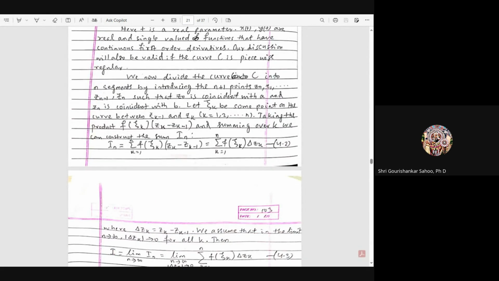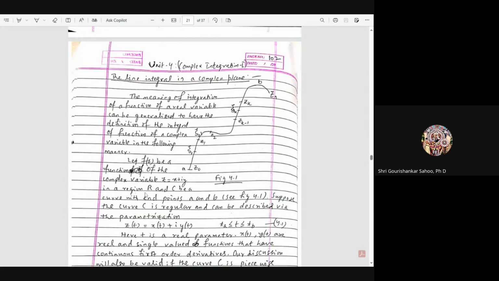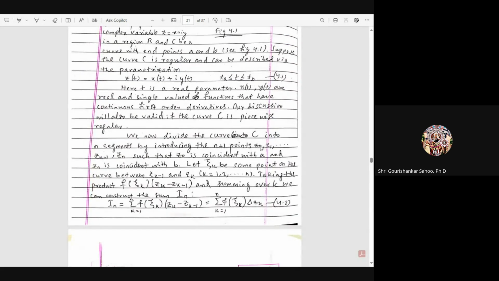To see how it is piecewise regular, we cut this curve into different parts: Z0, Z1, Z2, Zk minus 1, Zk, and Zn, and we can see that it is piecewise regular. Now you can divide the curve into n segments by introducing n plus 1 points: Z0, Z1, Zk minus 1, Zn, so on and so forth.